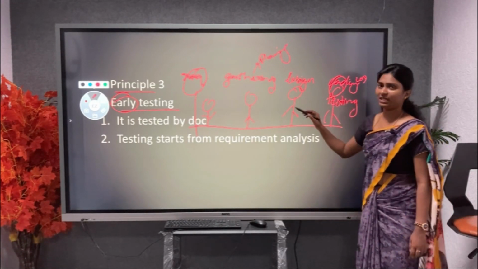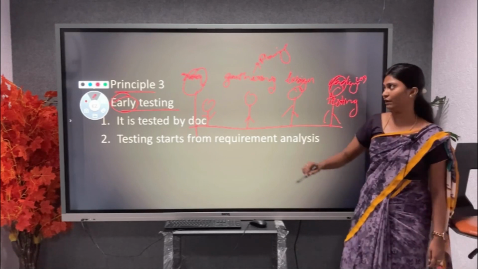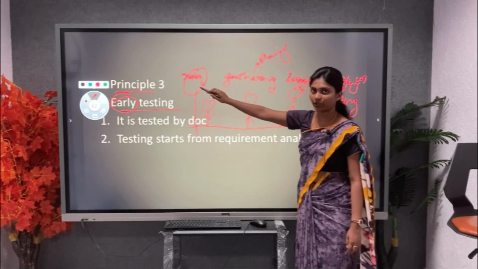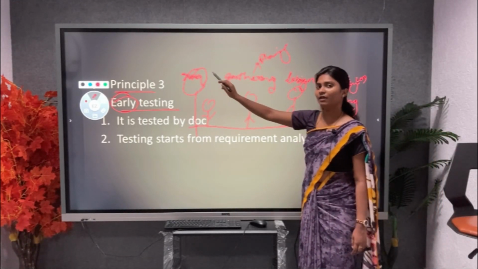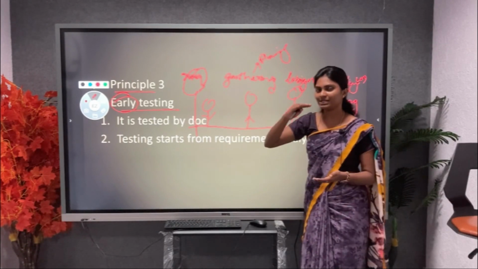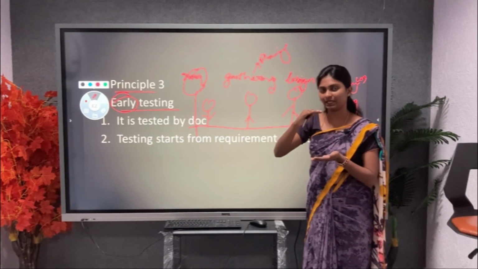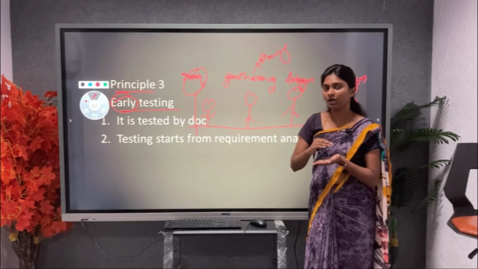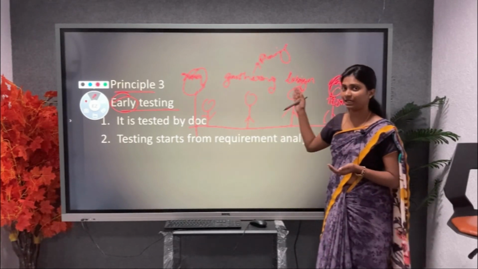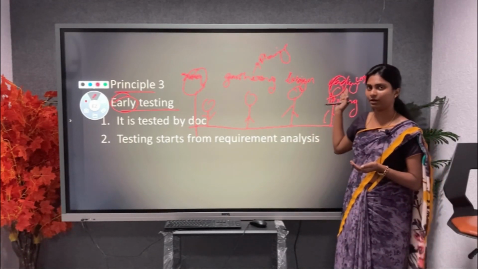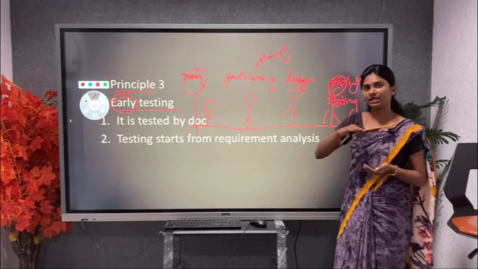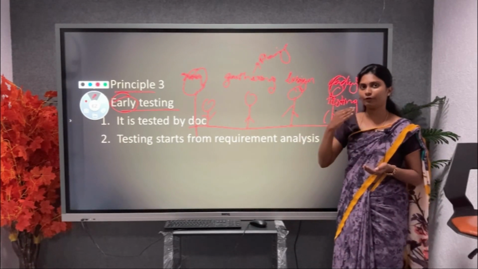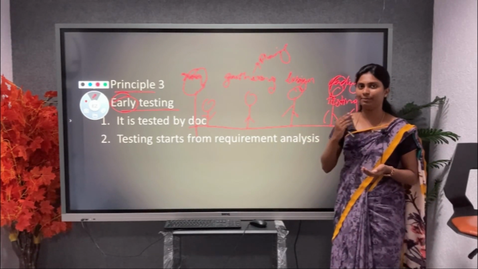So these are the testings. Early stage only, from requirement gathering. Requirement gathering only, we will increase the testing. We will decrease the bugs or faults. So based on that we can increase our performance, and our quality will be the best.